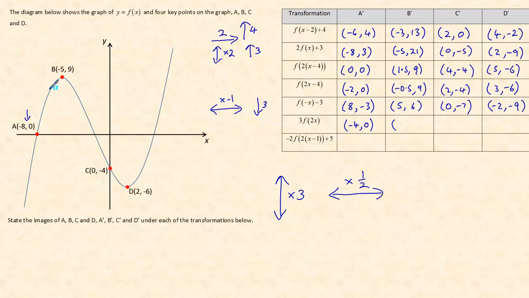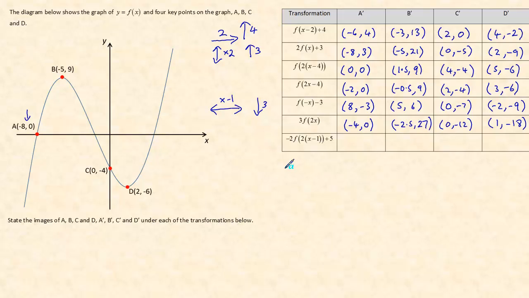Then for this one, we're going to get -2.5 and 27, 3 times the y coordinate, 0, and 3 times this is -12, and then finally here that's going to become 1 and -18.